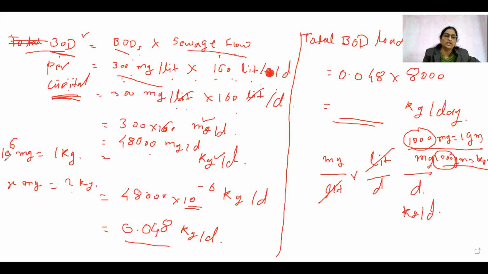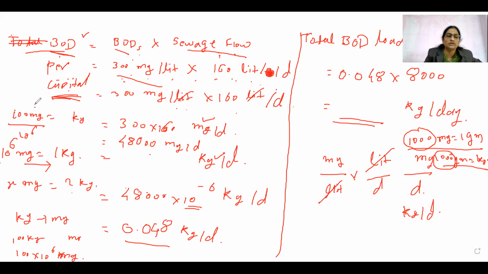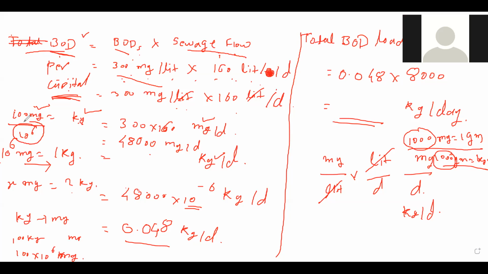So accordingly we multiplied. If you want to convert milligram into kg, say 100 milligram into kg, you have to divide by 10⁶. And if you want to convert kg into milligram, say 100 kg into milligram, in that case 100 multiplied by 10⁶ is the value in milligram. How to remember this: this is a smaller unit and this is a bigger unit. Whenever you are converting smaller to bigger, that factor will go to division.